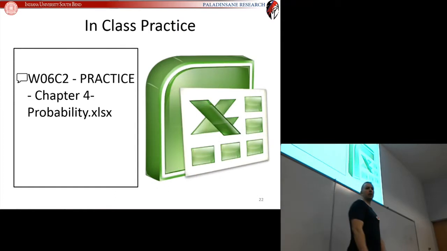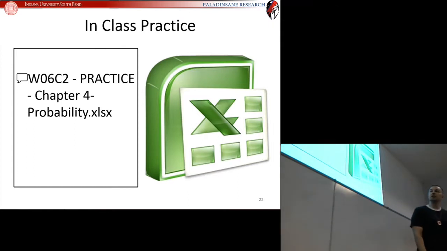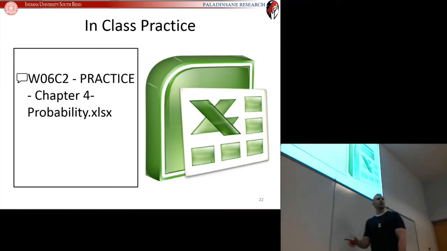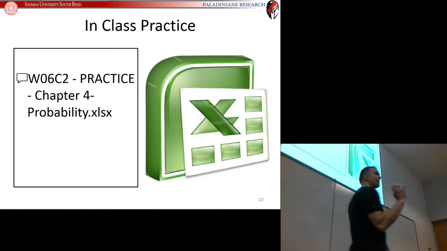All right, so what we're going to do now is dedicate some time in class to the practice sheet that I put together. This is in your Canvas files, in your Excel sheets. It's week 6, class 2, practice chapter 4, probabilities. What I'd like you to do is work through this worksheet. There are some basic questions.